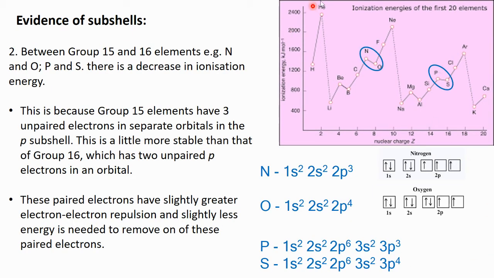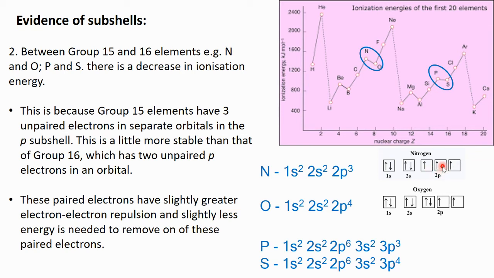Now we want to look at the next little kink, between group 15 and group 16 elements, for example between nitrogen and oxygen, and between phosphorus and sulfur. This is because group 15 elements have 3 unpaired electrons in separate orbitals in the p subshell. We can see this if we draw the box diagram for nitrogen.